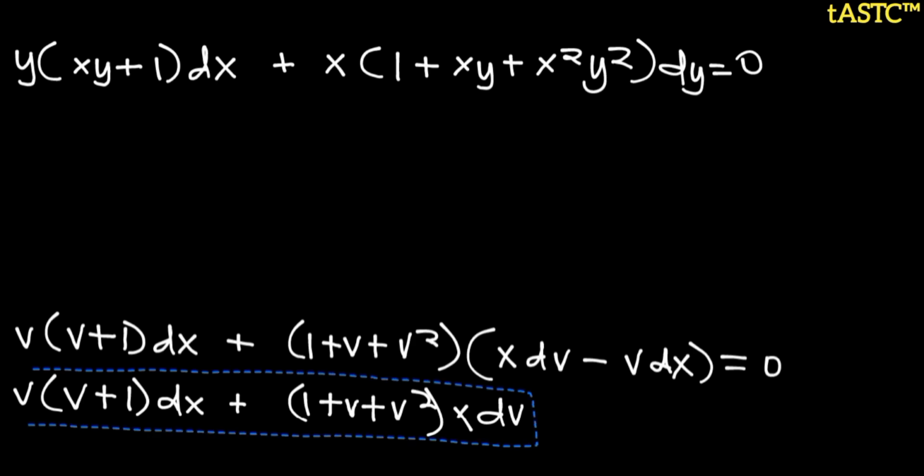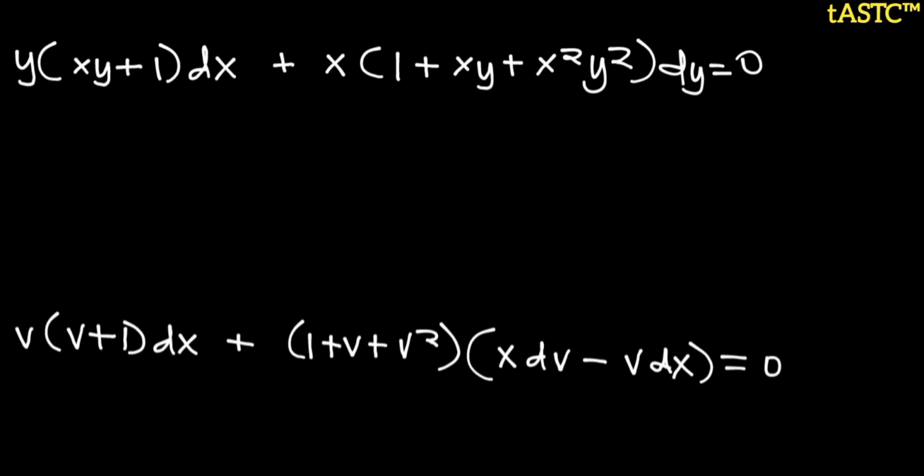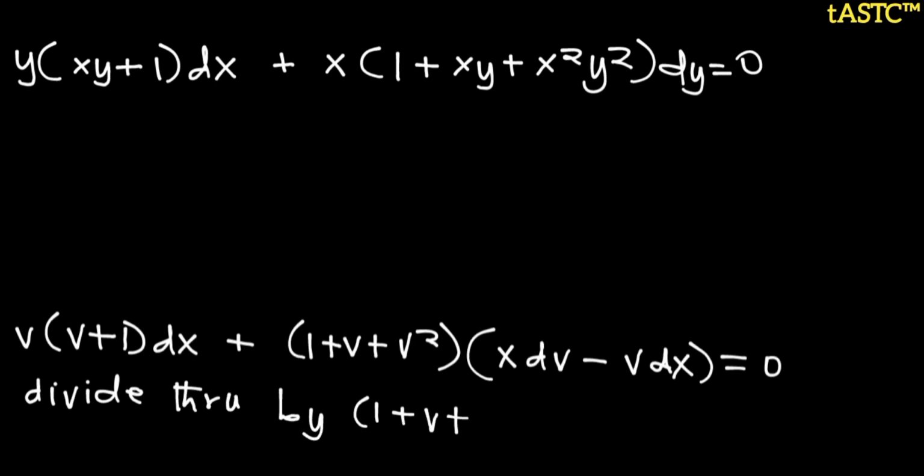I'm just going to change the course of action. Instead of doing that, let us divide through by this stuff. This will give us a better looking stuff. So divide through. That is divide through by 1 plus v plus a v squared.